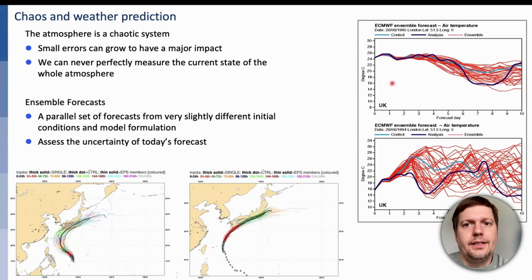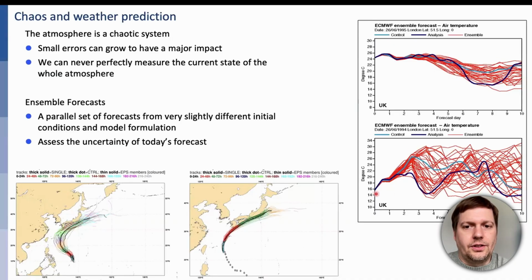Again, an example here on the right. In black is the analysis, so the truth, in light blue the single deterministic forecast, and then in red the ensemble members. And up here you can see that even over the first days of the forecast, all the members stay reasonably close together, so you would expect low uncertainty associated with the forecast.